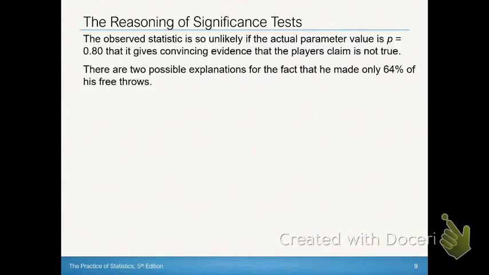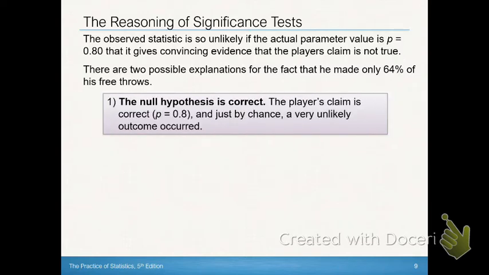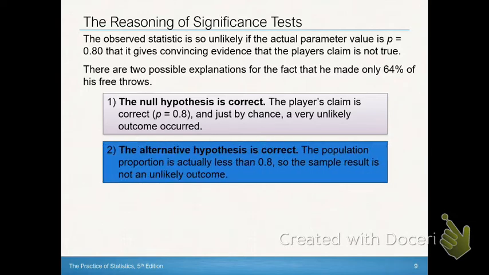When we get results like this, there are 2 things that could have happened. Either the null hypothesis is true, so this person was really an 80% free thrower, and they just had a really bad day. It happens less than 1% of the time that they had that bad of a day. Or the other option is that they're not really an 80% free thrower.